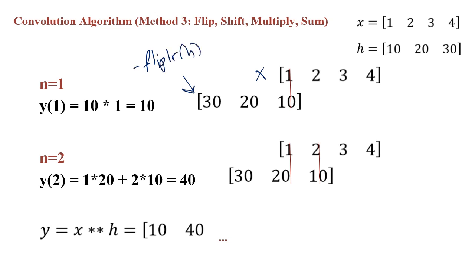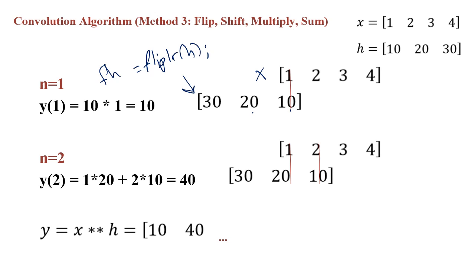You can store it somewhere, for example, for us to be able to use it easily. fh or hf, for example, is equal to flipLR h. Notice that h is from the left-hand side 10, 20, 30. So when we flip it, it's now from the right-hand side 10, 20, 30.